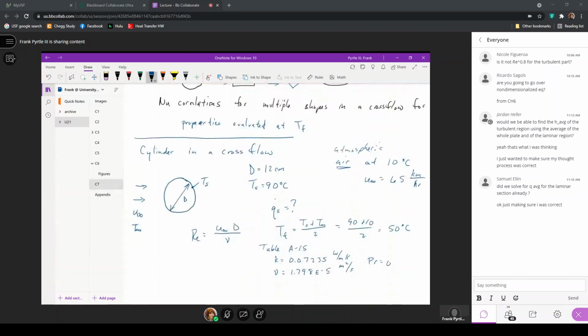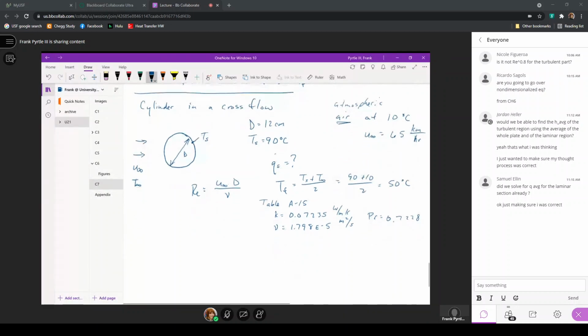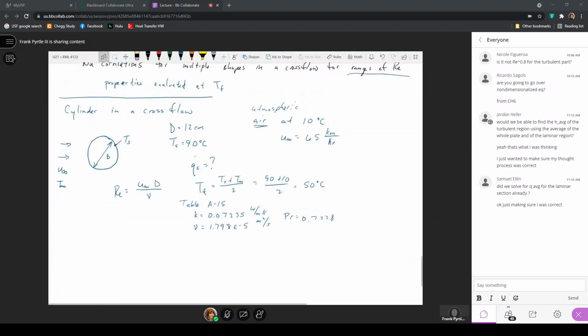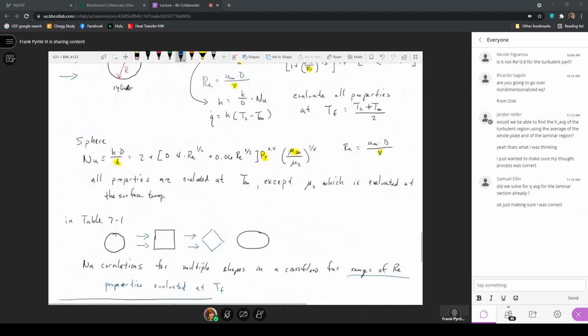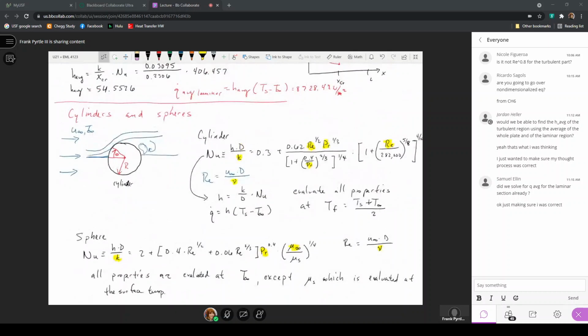Those are all the quantities we'll need to calculate the Reynolds number, and then use the Prandtl number and the Reynolds number along with the thermal conductivity to eventually get the heat transfer coefficient. Next time we will start with the calculation of the heat transfer coefficient using this expression.